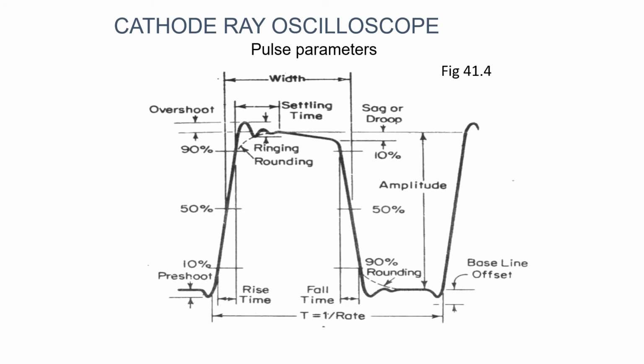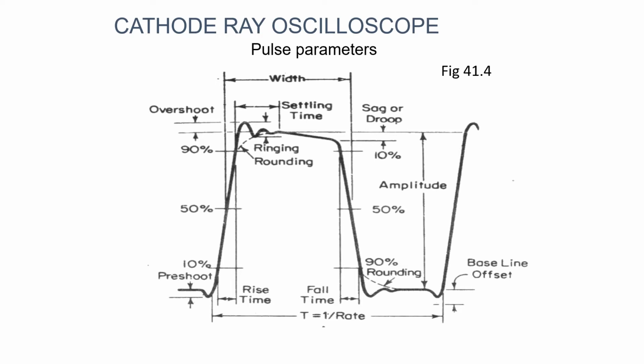You can see in this figure, we have the rise time, the fall time, the sag or droop, the overshoot, the width of the pulse, the amplitude of the pulse, and so on.